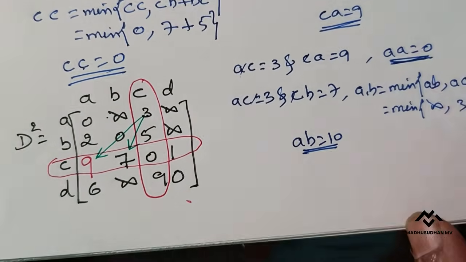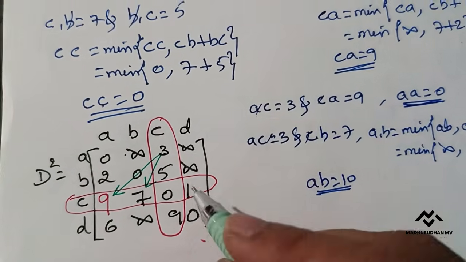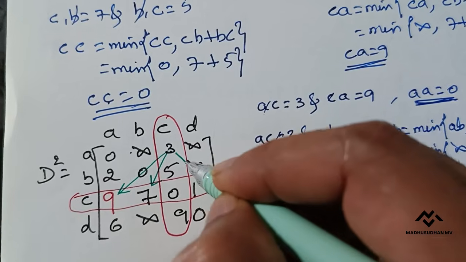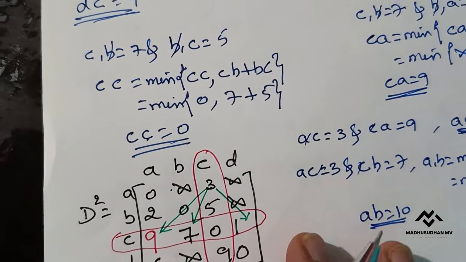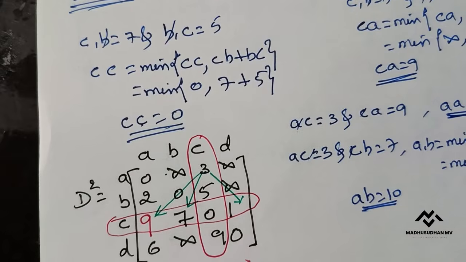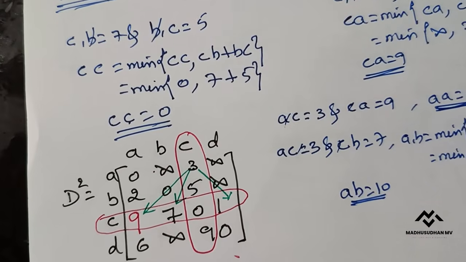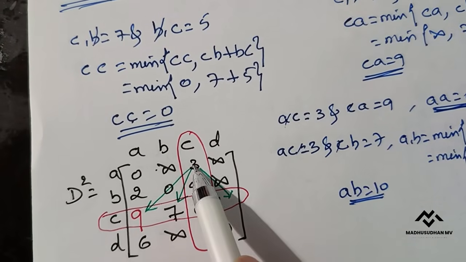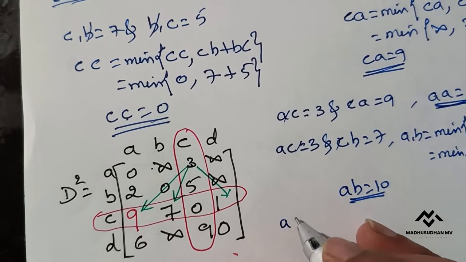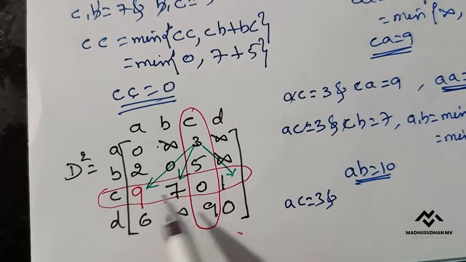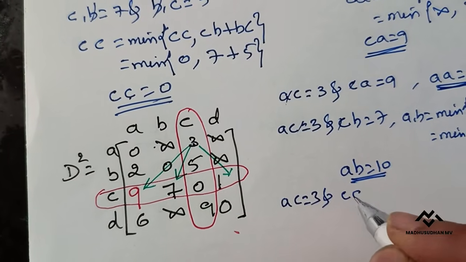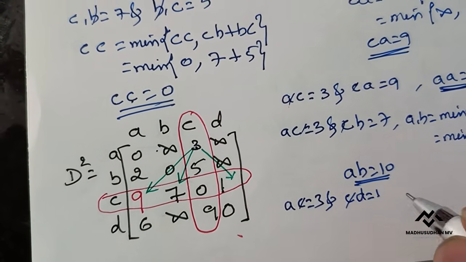New value I got. Now again one more row value is there. So this column value now I need to compare with this row value. This column value, that is again AC is equal to 3, and this is the row value C comma D is equal to 1. CC gets cancelled.